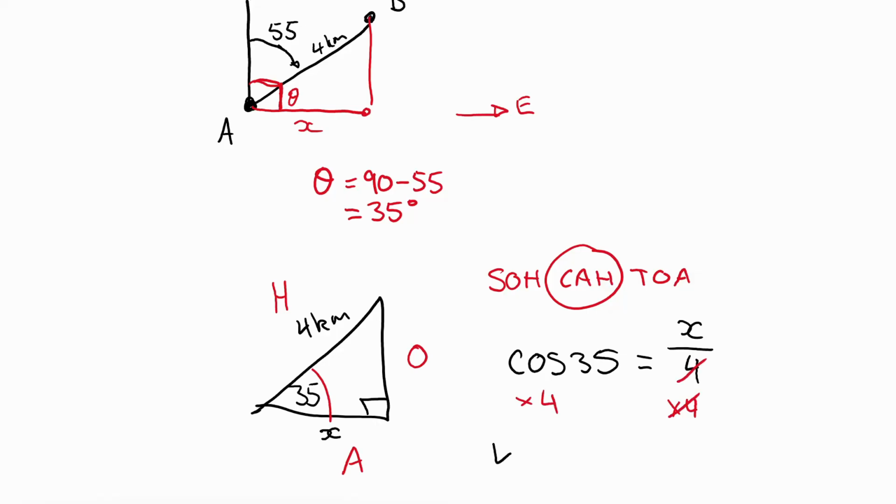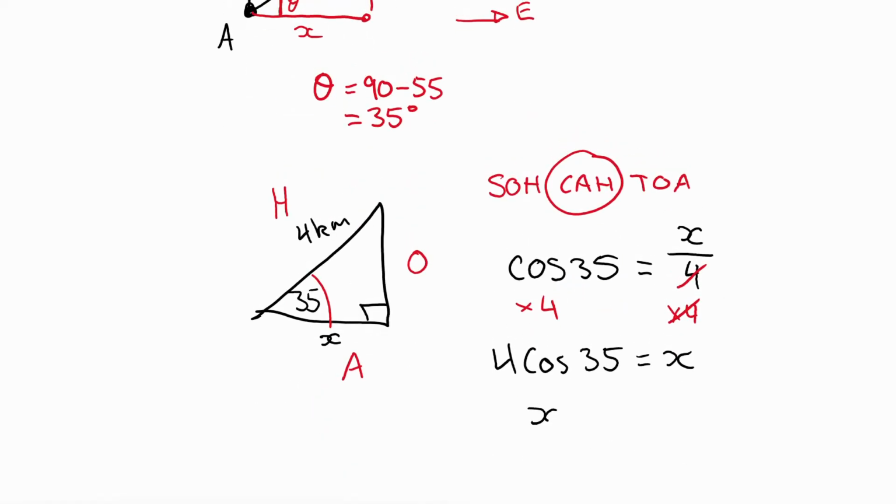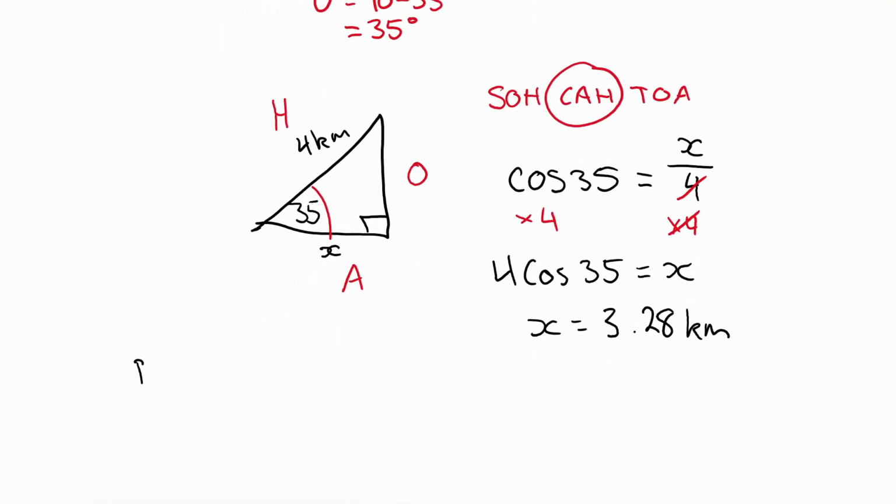And I'm left with 4 cos 35 equals X, which you can just put in the calculator, which comes out as 3.28 if I round, kilometers. So the bushwalker traveled 3.28 kilometers east.